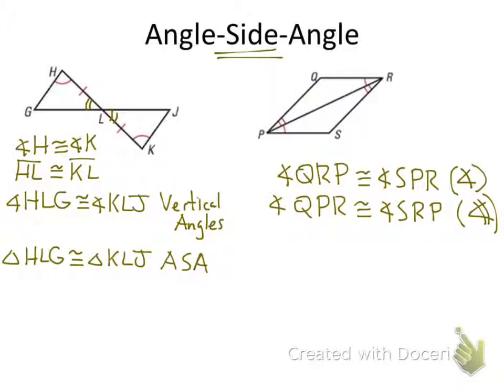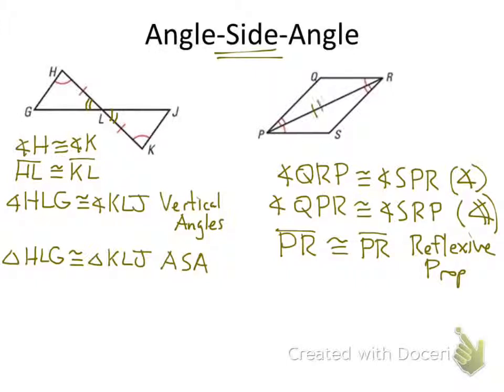So that gives me two angles. I'm looking for angle, side, angle, the side in between them. That happens to be PR and PR in both, but wait, it's congruent to itself. That is, again, the reflexive property. So now I can mark that. Now I see that my triangles are congruent by angle, side, angle. I can name them: triangle QRP is congruent to triangle SPR.